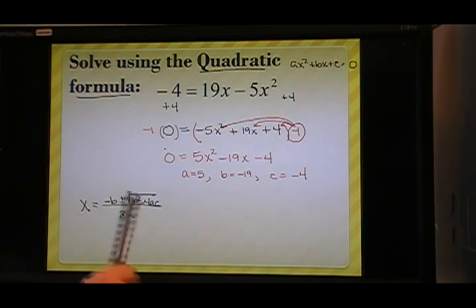You must memorize that formula. Of course, you could derive it every time like we did in the first video, but it's going to be easiest if you go ahead and memorize, okay?